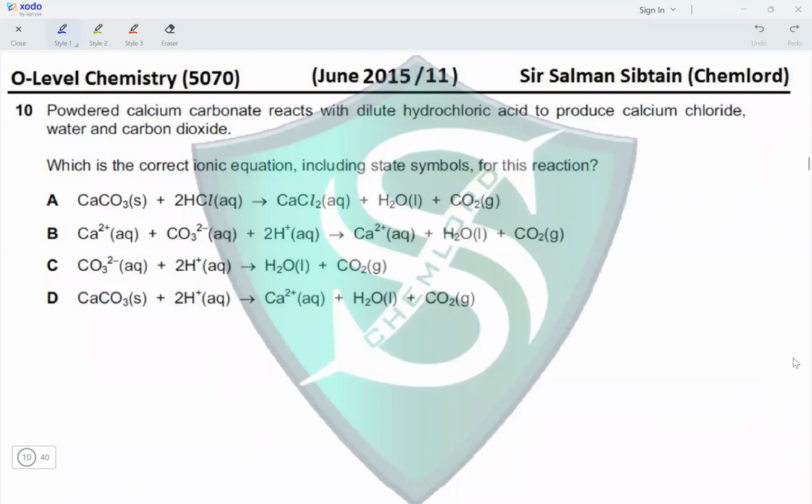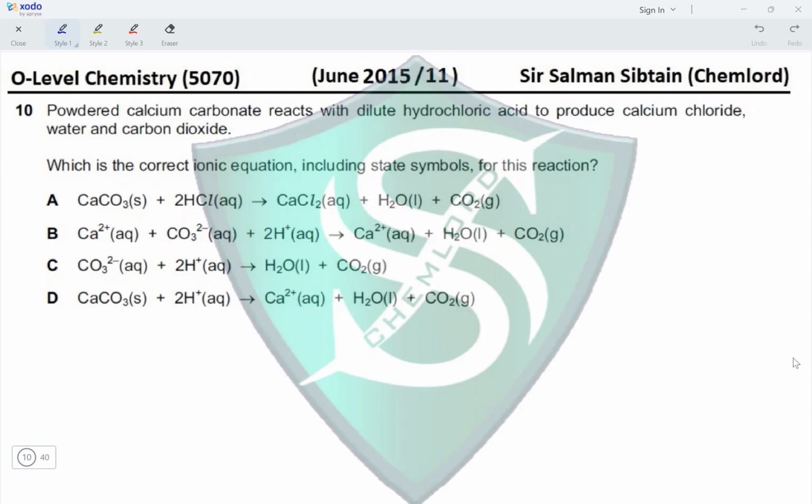Question 10. Powdered calcium carbonate reacts with dilute hydrochloric acid to produce calcium chloride, water, and carbon dioxide. Which is the correct ionic equation, including state symbols for this reaction? So, ionic equation. So, in the equation given in A, we've got calcium carbonate reacting with HCl, producing calcium chloride, H2, and CO2.